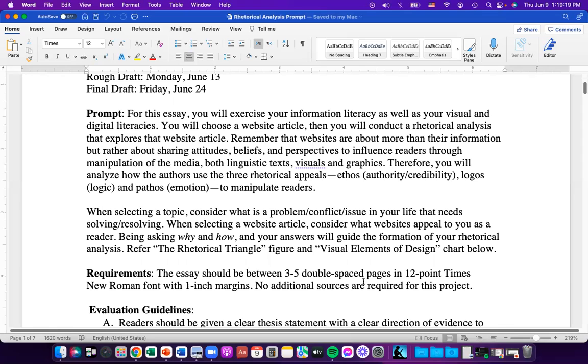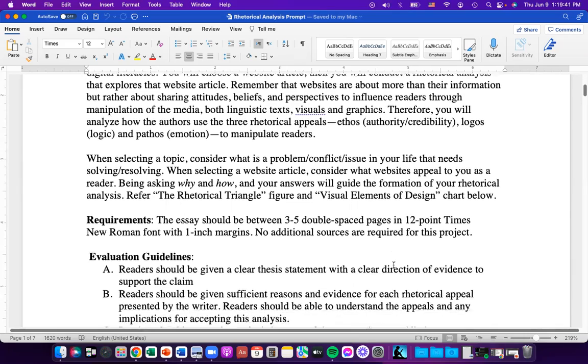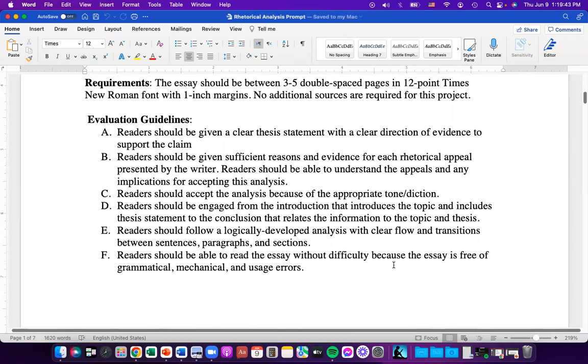And my feedback is going to be, hey, I think your essay needs to develop more and share more ideas to construct a more in-depth analysis. So it's important that you try to do as much as you can for this rough draft, even though, again, I'm not expecting a full 3 to 5 pages until your final draft.